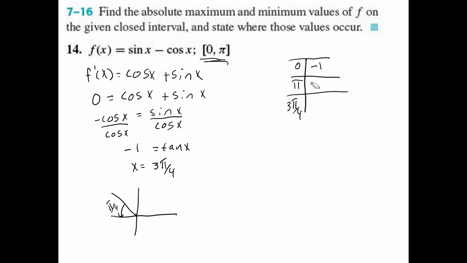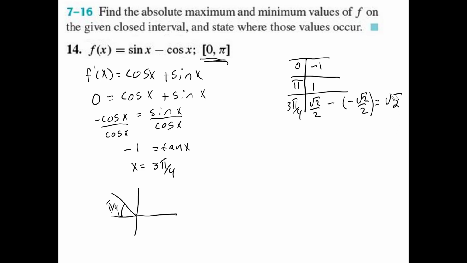Sine of pi is 0, cosine of pi is -1, so 0 minus -1 is +1. And 3 pi over 4, sine of 3 pi over 4 is the square root of 2 over 2. Cosine of 3 pi over 4 is negative the square root of 2 over 2. And so those now become 2 square roots of 2 over 2, or just the square root of 2.